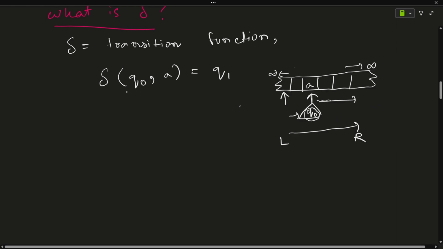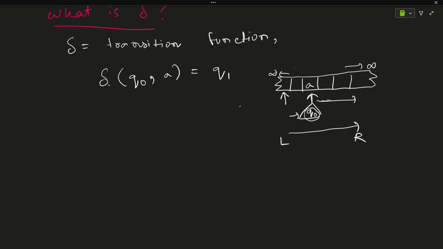What this means is Q naught on reading A. This read head reads A from the cell and is connected to the FSCM, the finite state control mechanism, which is this triangular thing, which is a buffer.